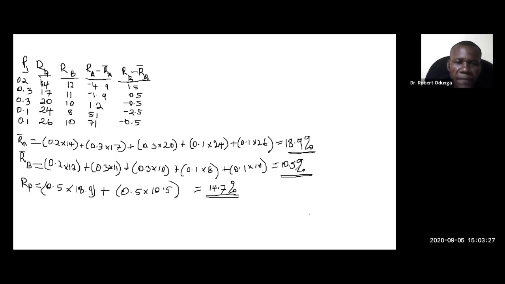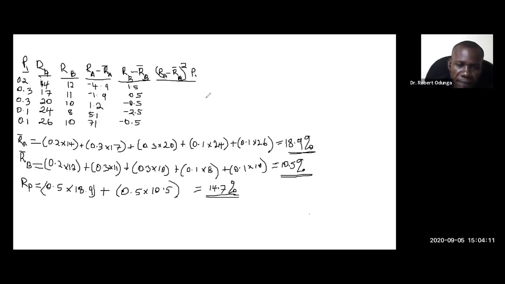10 minus 10.5. Good. So our next step would be now RA minus bar RA, squared, times PI. So just take this, you square and multiply by your PI. PI is the probability.